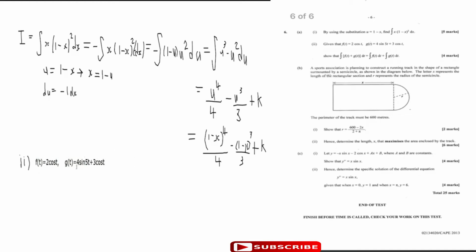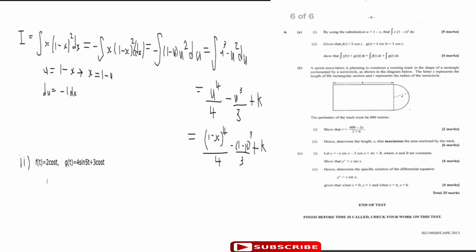Now it's f of t and g of t. So it says show that the integral of f of t plus g of t is the integral of f of t plus the integral of g of t. So let's work out this first. So first I'm going to work out what is f of t plus g of t.